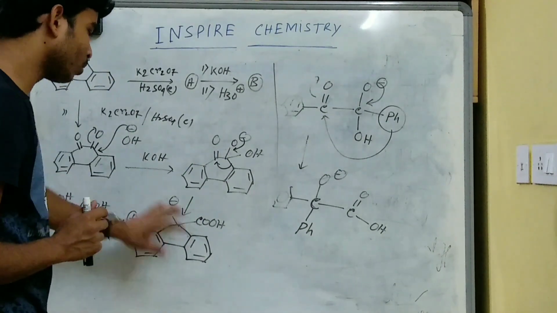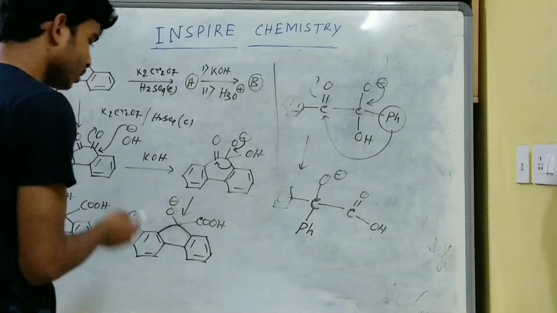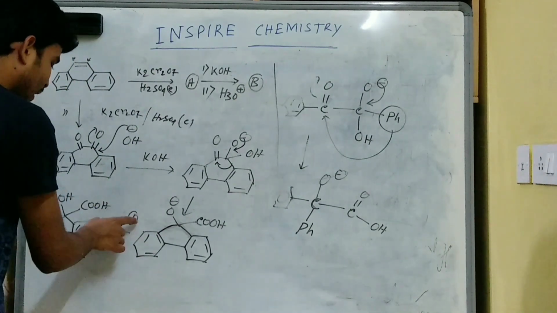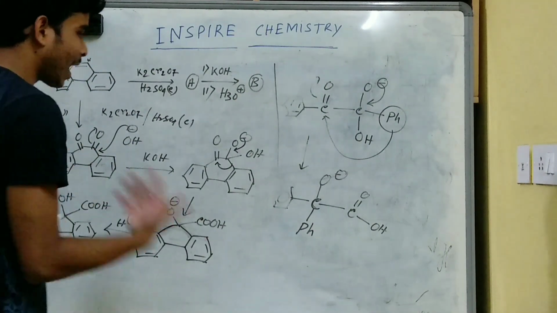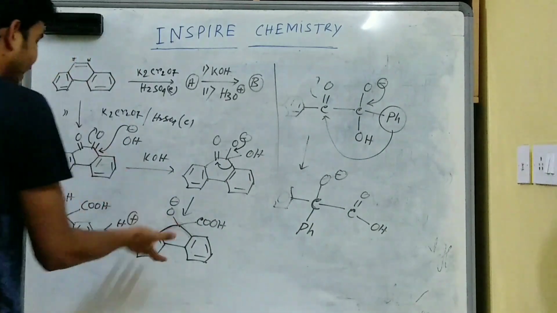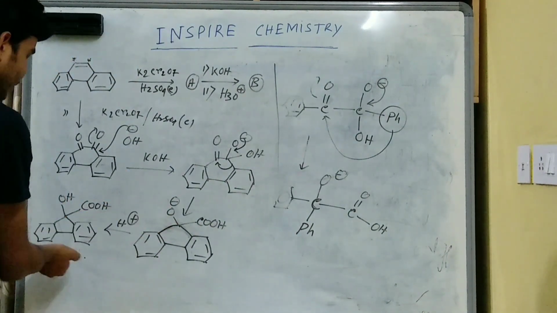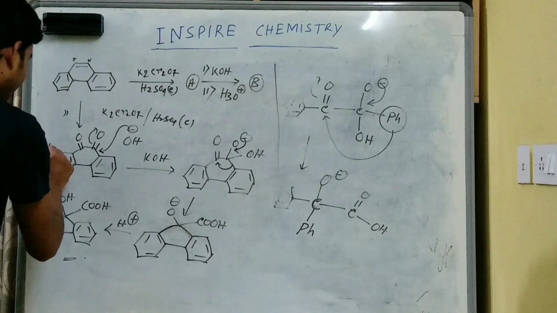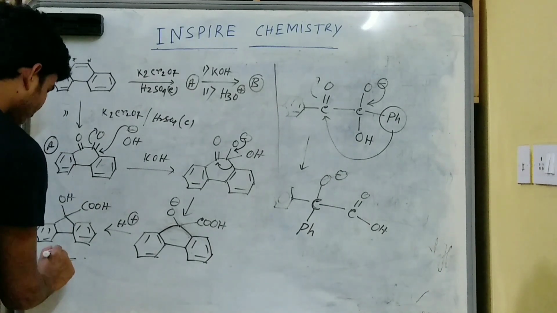So this type is formed. After that, with H plus or mild acidic water, this will be protonated and this type of product is formed. So this is A and this is B.